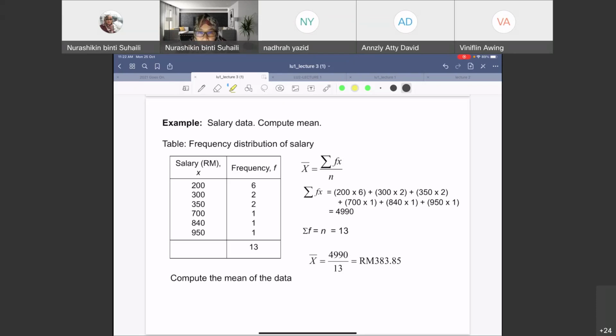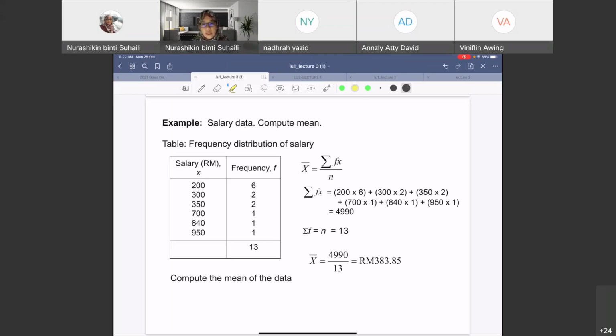So you multiply 200 with 6, plus 300 times 2, 350 times 2, until 950 times 1. That is the summation of fx, and you divide by 13. 13 is the n, the total frequency: 6 plus 2 plus 2 plus 1 plus 1 plus 1 equals 13.